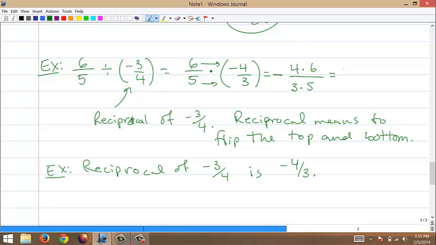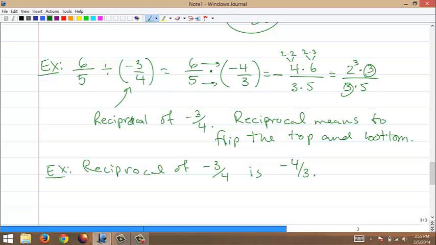And so if I put this in its prime factorization, 4, of course, is 2 times 2, and 6 is, of course, 2 times 3. So we actually have 3 copies of 2, so 2 raised to the third, times 3. And the bottom, lo and behold, is already in its prime factorization form, 3 times 5.